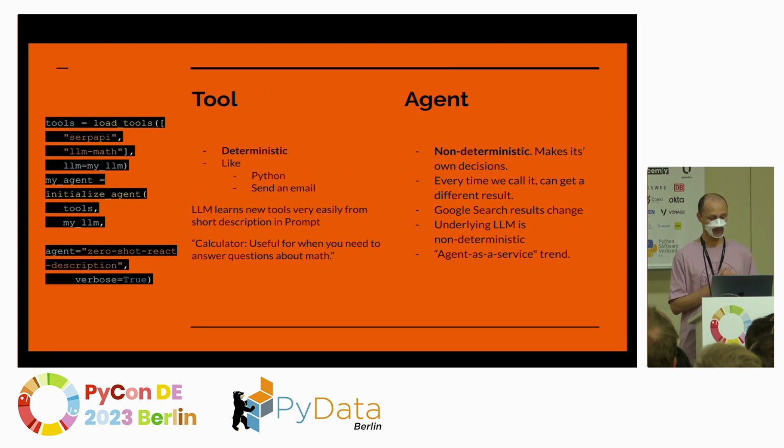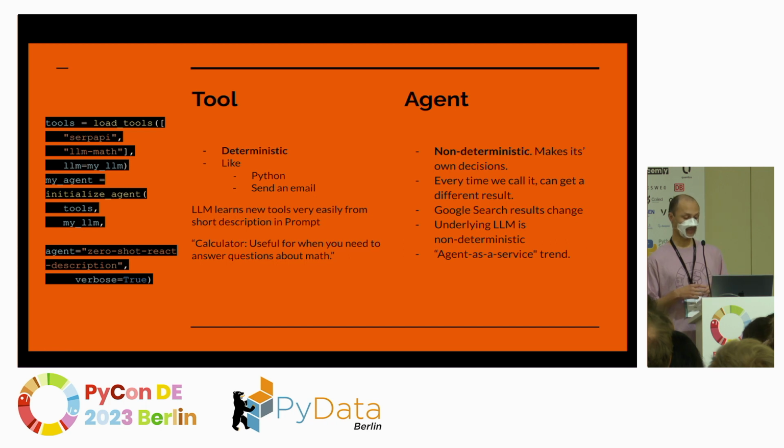Okay, so this is the code extract on the left. It says tools, load tools, the API for a search engine, and then an LLM math, which is a thing that takes in text and creates Python code to answer math questions. And I create an agent, initialize agent with the tools and my LLM.